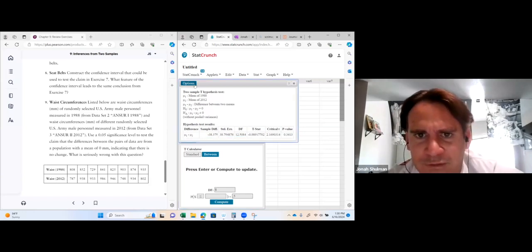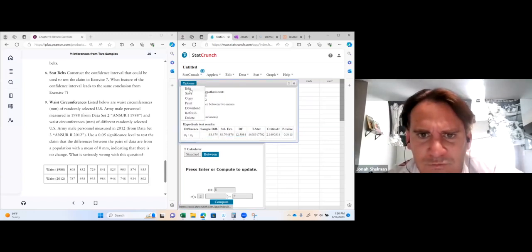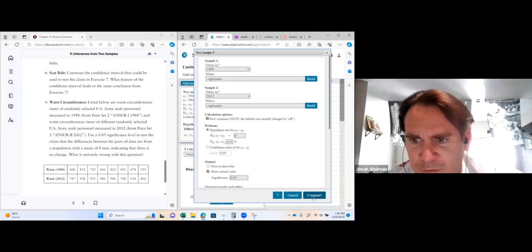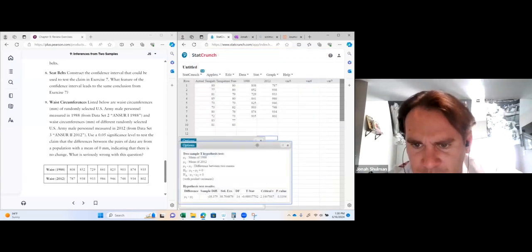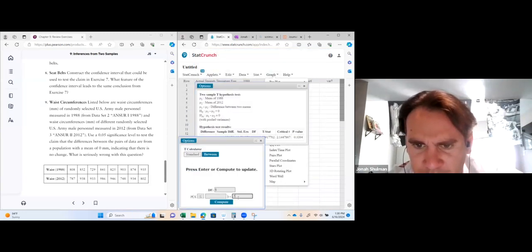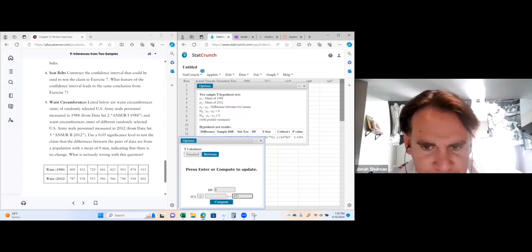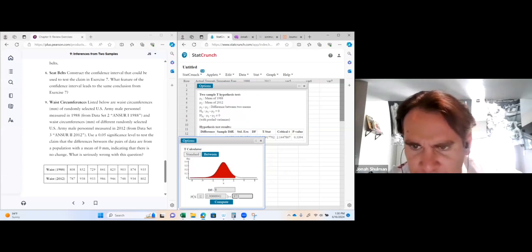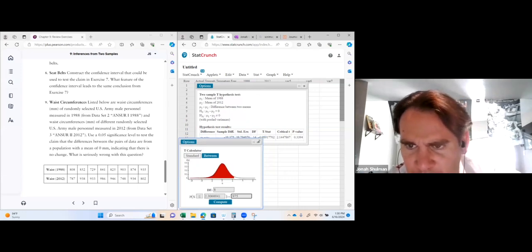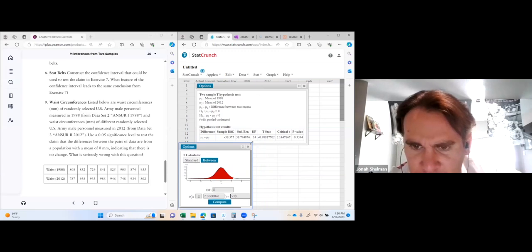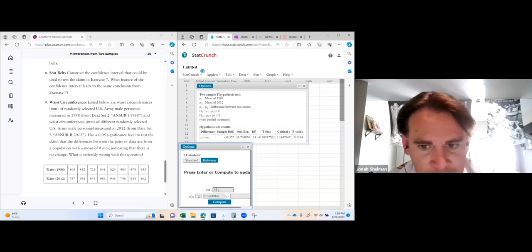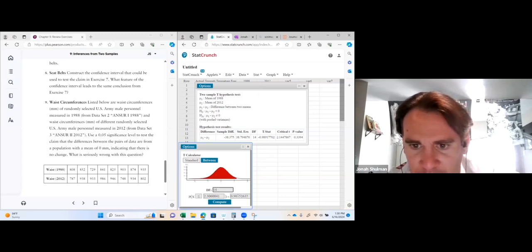Oh, I didn't pull the variance because the degrees of freedom are off. Sorry about that. It says our critical is 2.144. Their degrees of freedom is 14, which I don't like at all.